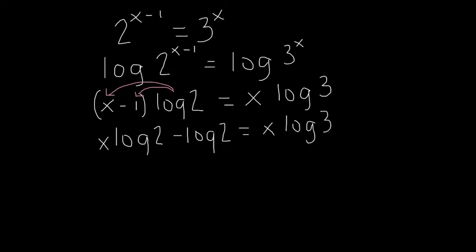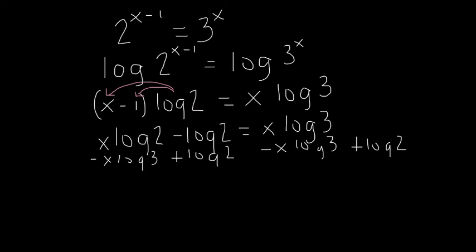And now you can see I have two terms with an x. And they need to be put on the same side. And then this term does not have an x, so we'll move it to the right. So let's do this. We'll add log 2 to both sides, and we'll subtract x log 3 from both sides.